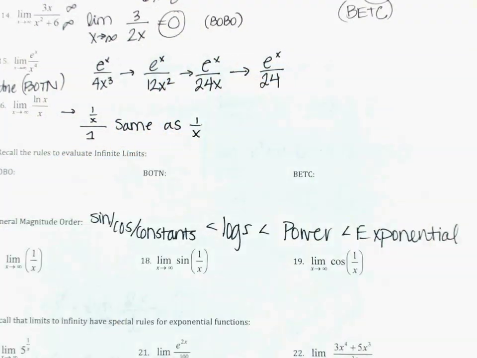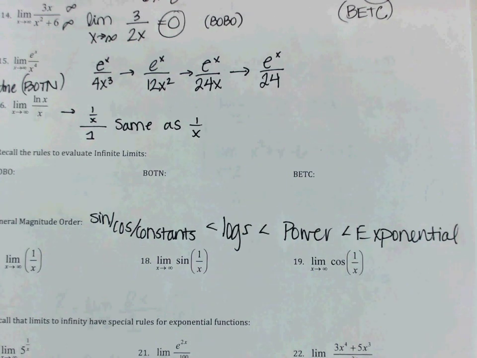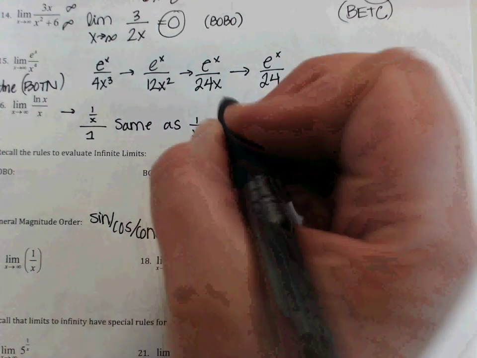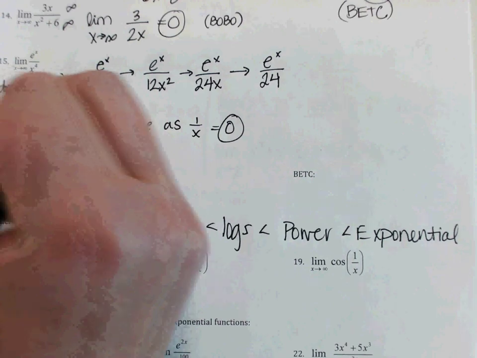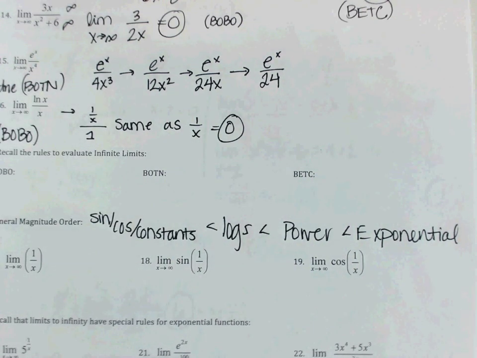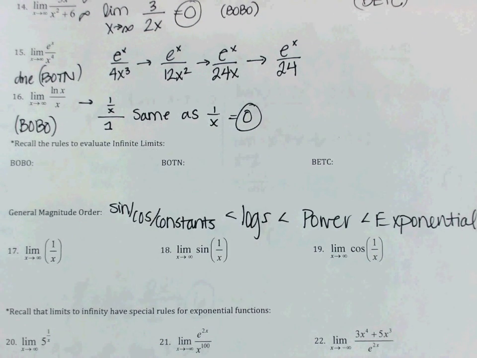If my x is growing and growing, and I'm dividing that into 1, what's going to happen to my value? It's going to go to 0. But you already know that because of the comparison: log to power, bigger on bottom. Logs lose to power. So that would be 0. But you already know that it's a bobo, so don't reinvent the wheel and do these by hand. I just wanted you to see where it comes from, okay?